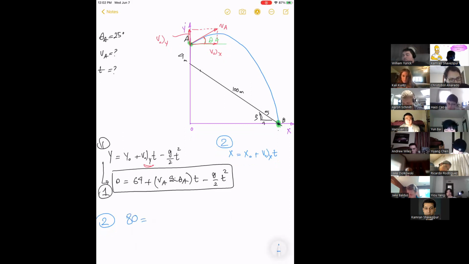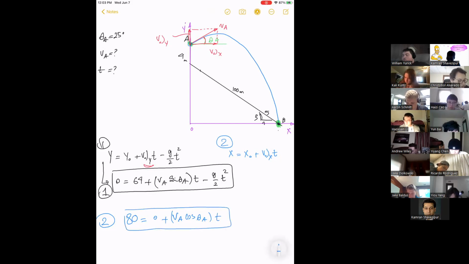How much is the initial x, which is x of A? 0, because A is on the y-axis. 0 plus Vx, which is going to be VA cosine theta A times T. Correct? Equation 2.